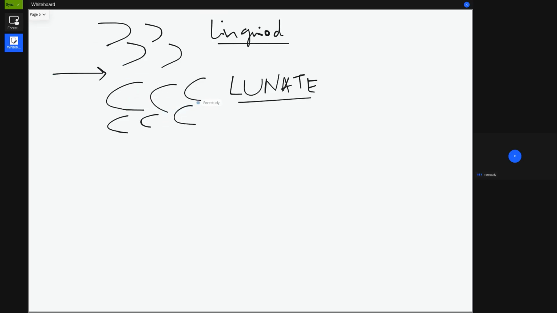These are actually plan view structures. You won't find this type of thing in cross section. I hope you understand this linguoid and this lunate.